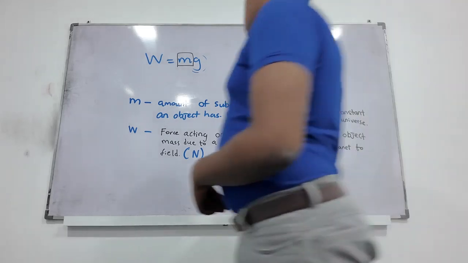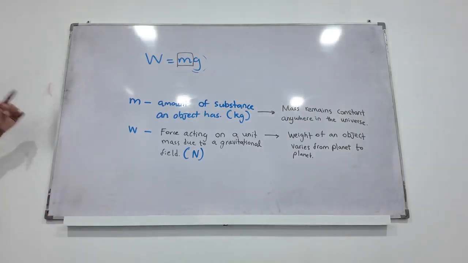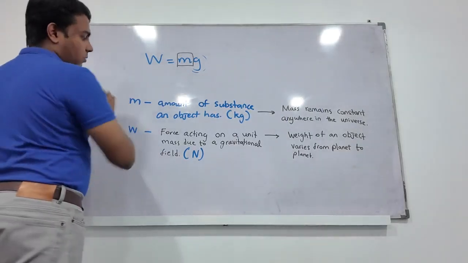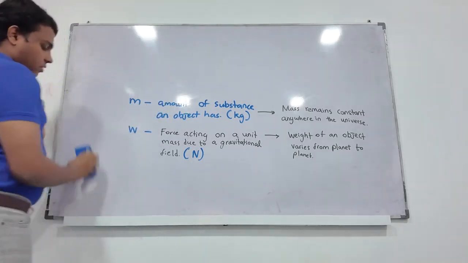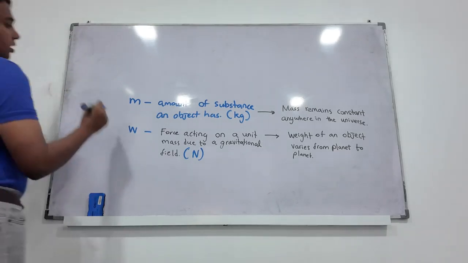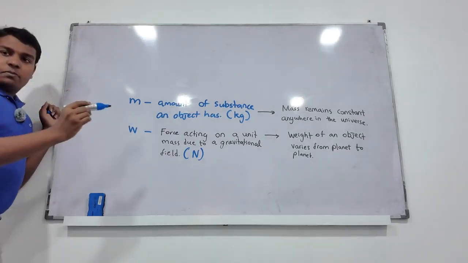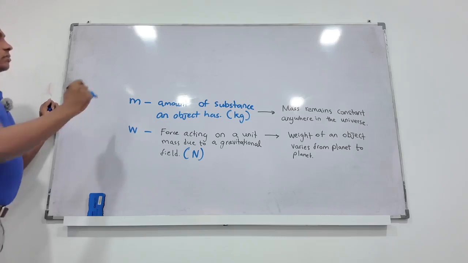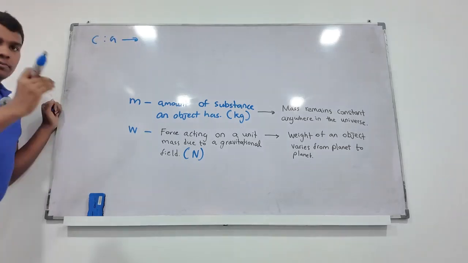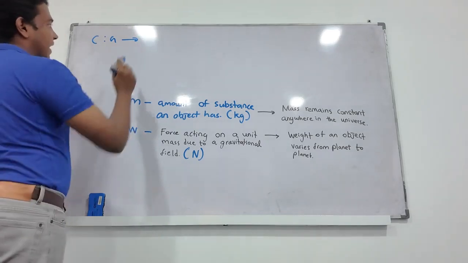Okay, great. Now, next, how this relates to center of mass and center of gravity. So I'm going to keep these definitions here. Listen up first of all. Center of gravity means the point of an object where weight is concentrated.